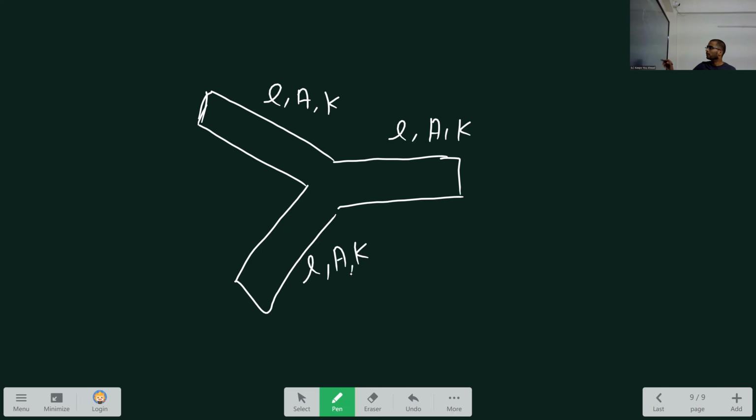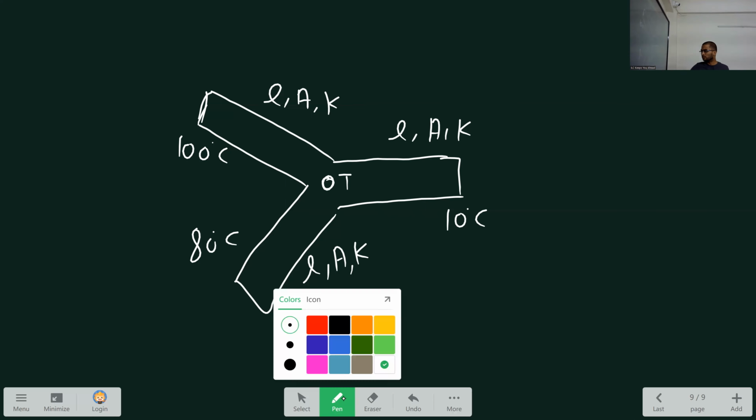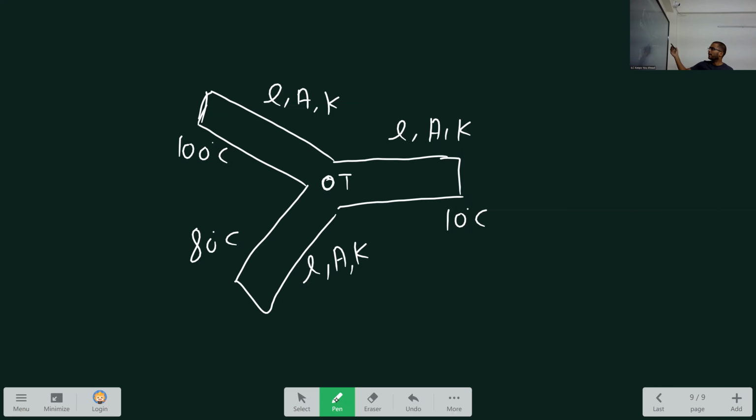Now here suppose the temperature is 100 degrees Celsius, here the temperature is 80 degrees Celsius, and here the temperature is 10 degrees Celsius. Now suppose you have to find the temperature at the junction. What is the junction temperature? Now notice that friends, let's solve this problem via the heat current concept.